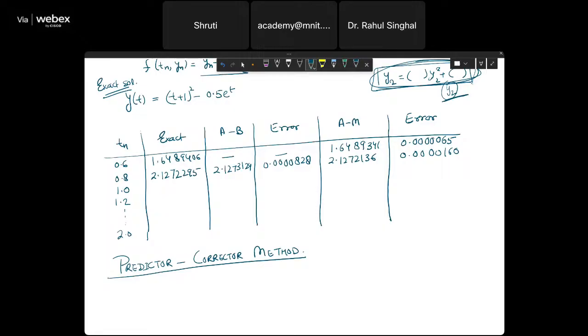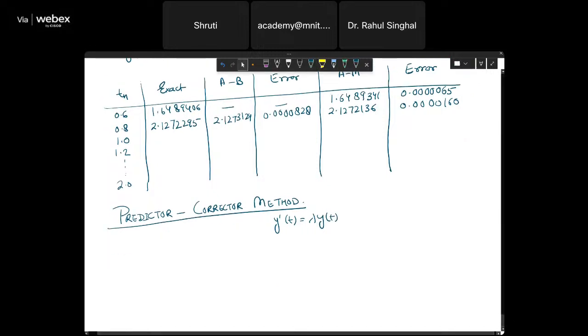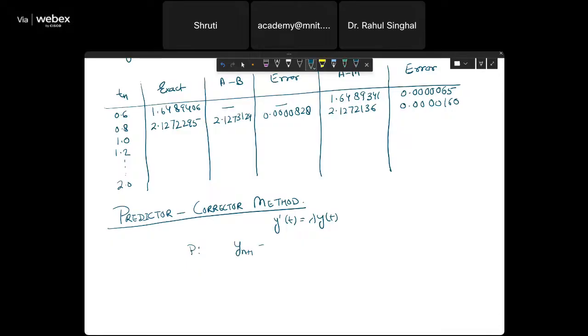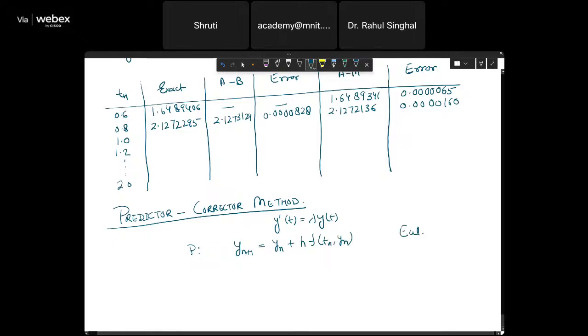To understand it, let me illustrate this predictor corrector method for the test equation. What is the test equation? y dash t equal to lambda y. Here, for example, I'm taking the predictor method as the Euler method. So the approximate solution at the n plus 1th step will be yn plus h f at tn, yn. This is the Euler method. As a corrector, I'm using trapezoid.